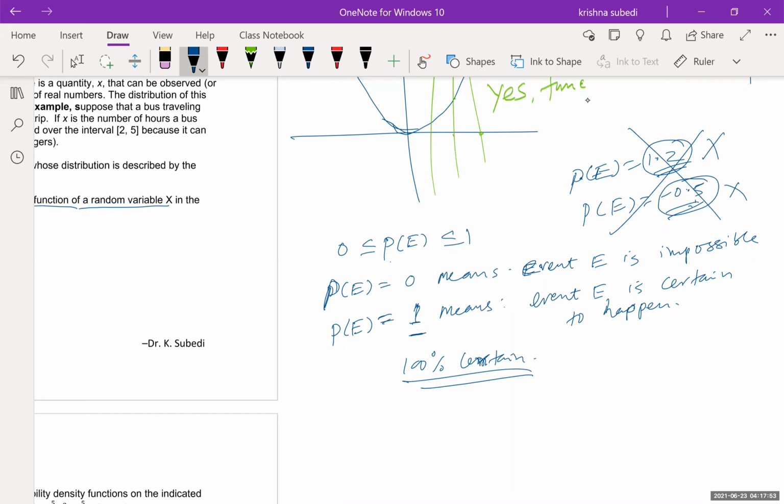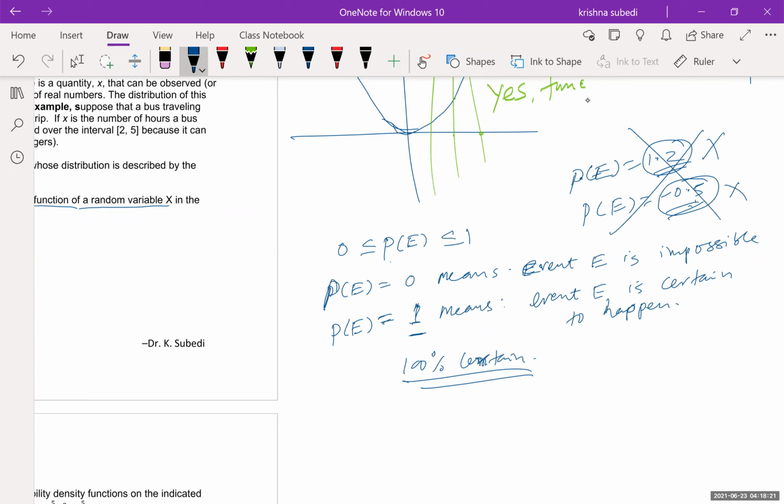I think you have heard that people sometimes say, oh, I am 200% certain. That statement mathematically is not correct, because probability cannot be more than 100%. But what they are trying to do is emphasize the fact that this is surely going to happen.